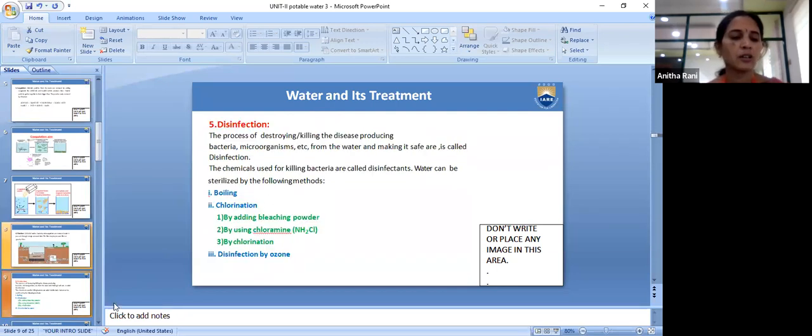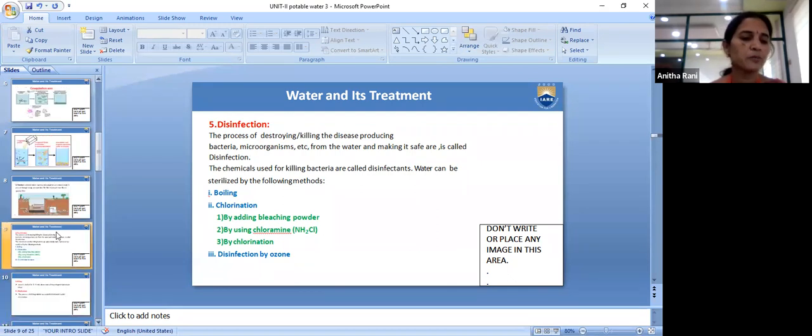This is the important step we are going to discuss: disinfection. What is meant by disinfection? It is the process of destroying or killing the disease-producing bacteria present in water. That is known as disinfection.